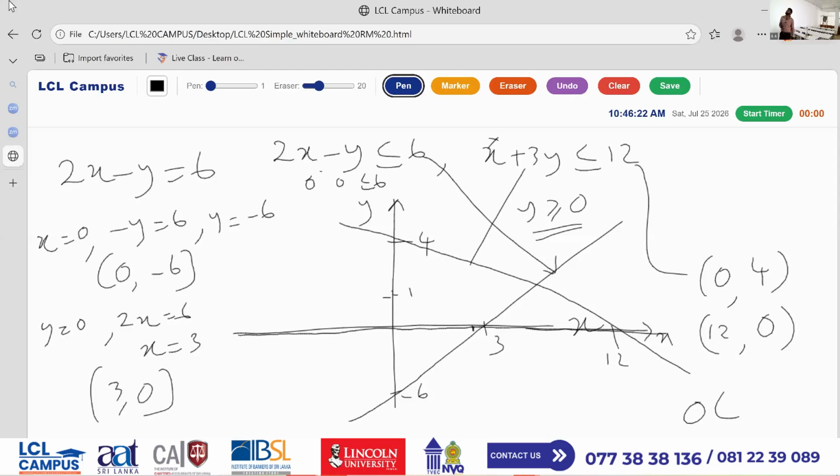Now tell me then. 2x minus y is less than or equal to 6, no? According to this line, should it be the downside of this or the upside? Up, because 0, 0 is in the up, no? Got it.